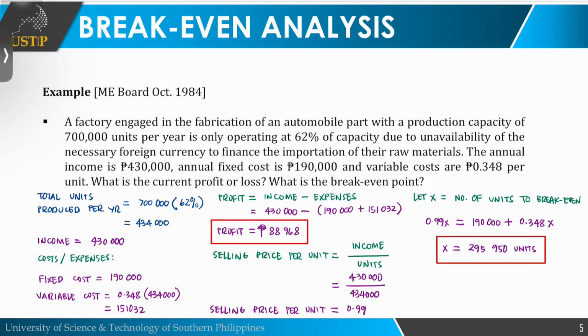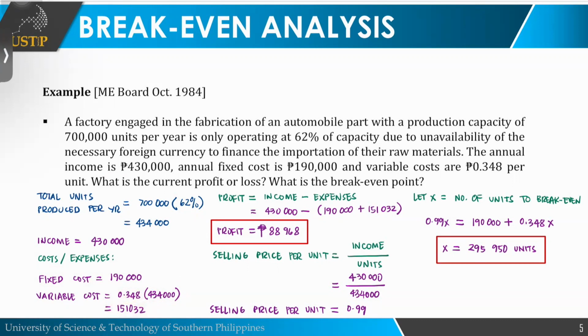So per unit, if you calculate that, you must multiply it by the number of units they produce, class. So multiply 434,000 by the variable cost, and that is equal to 151,032. Okay? So that is the variable cost.